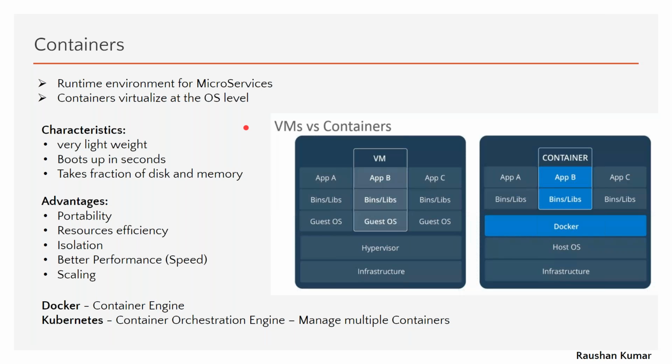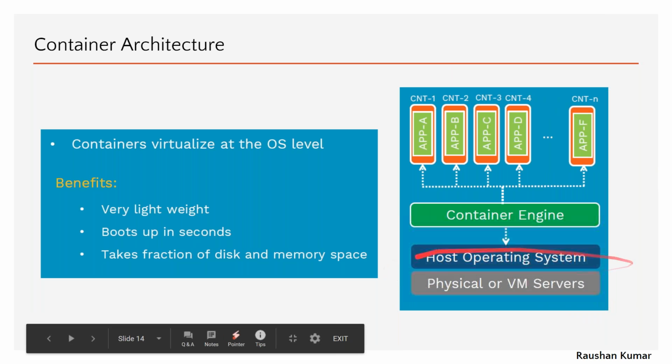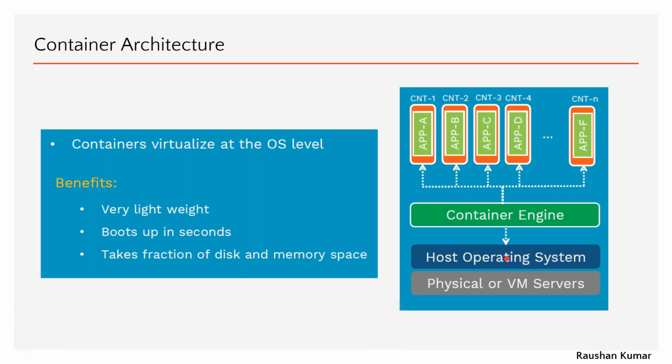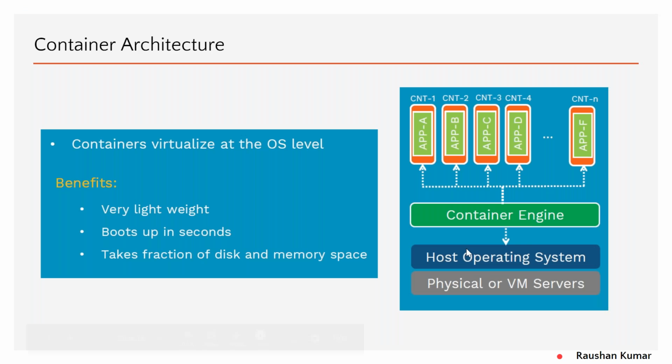Okay, so that's the concept of containers. Let's understand the container architecture here. Containers are virtualized at the OS level. So this is my OS. I have a VM with one host operating system, and in this current example, I have Ubuntu here.